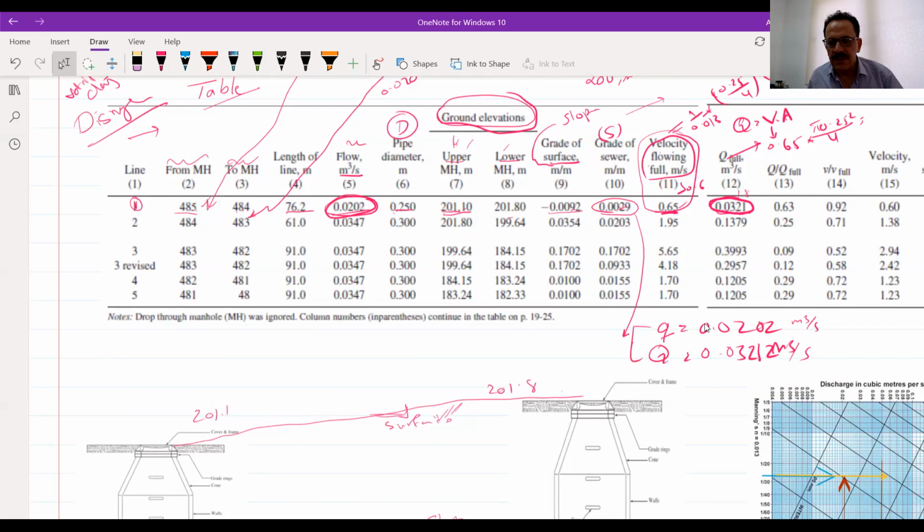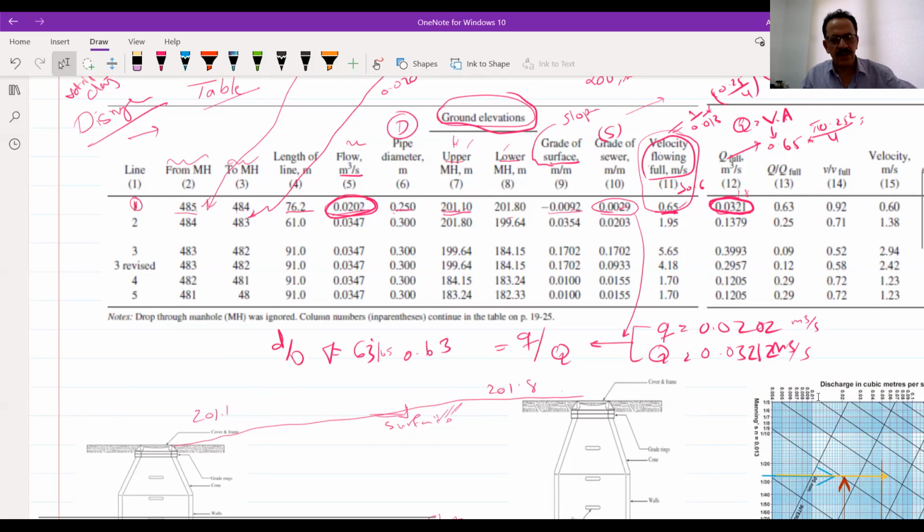Now, I want to see the ratio of the small q over capital Q, which is equal to 0.0202 divided by 0.0321. It will be about 0.63 or 63%. That means you have to go and find the d over D.